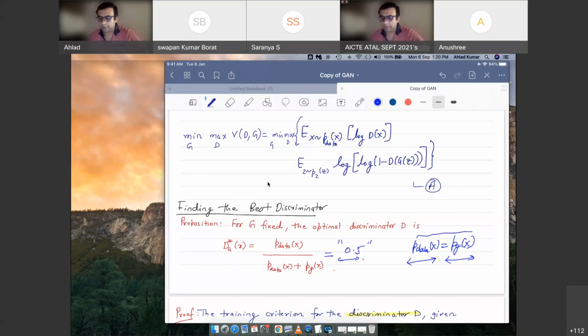That means when our discriminator gives a value of 0.5, at that point it fails to distinguish whether the data coming from real is real or the data coming from fake is real. That happens when your discriminator value comes out to be 0.5. So that is the optimal discriminator that we can have from this setting. This is actually one of the propositions given in the paper.